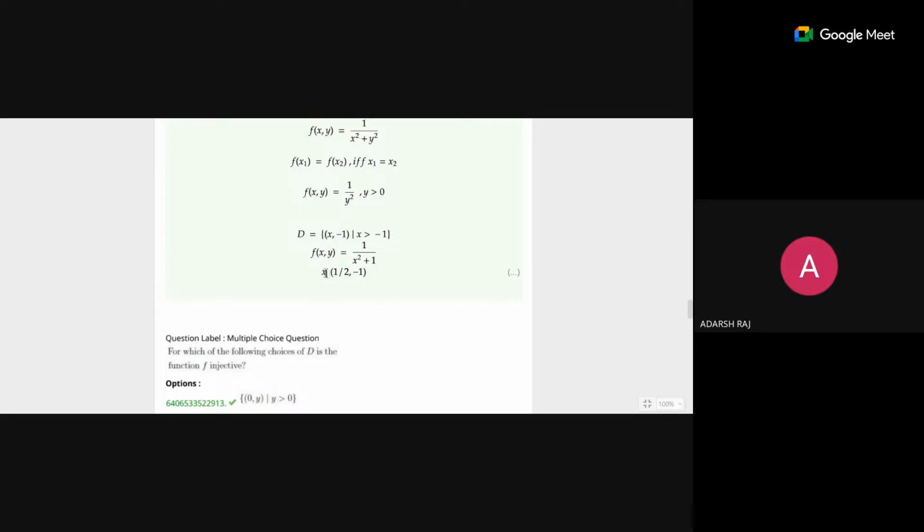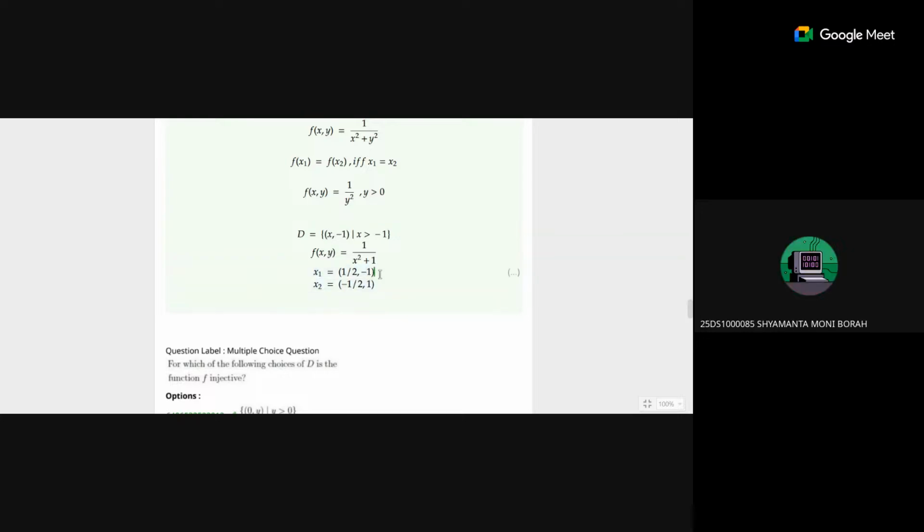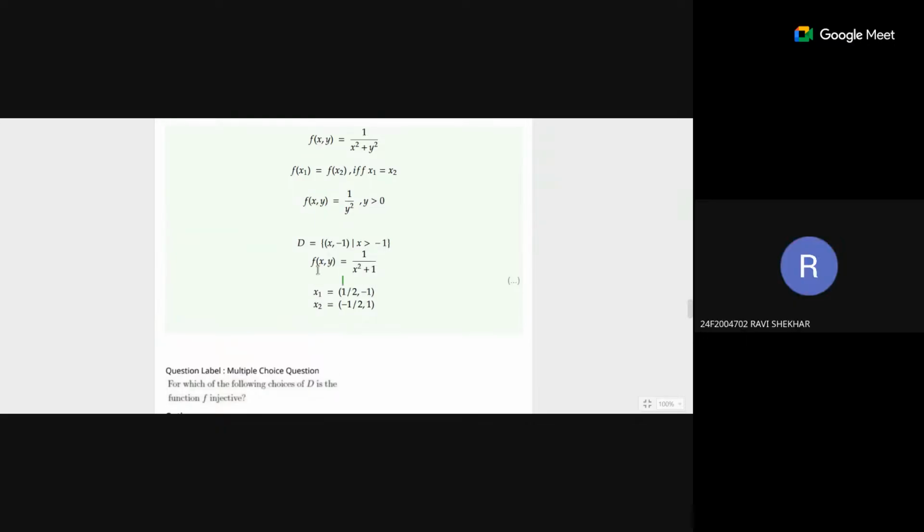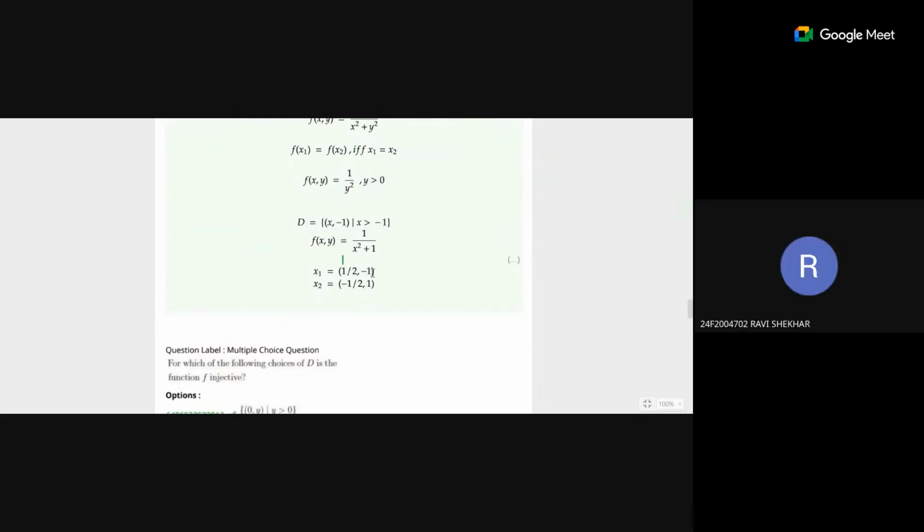This is x1. Take x2 equal to -1/2. If you put these values x1 here, the function value will be the same, right? Yes. But sir, y is fixed to be -1, no, sir? Yes, yes. Okay.